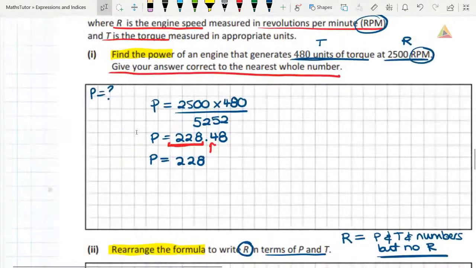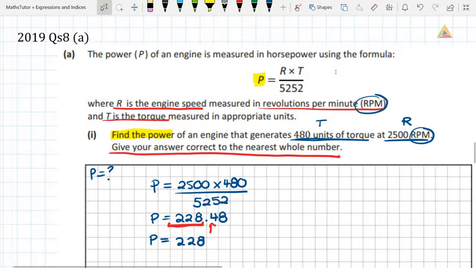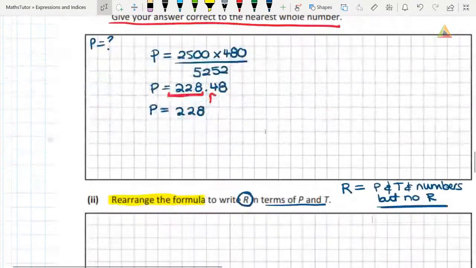So in this question, up here at the top, it said P is equal to r times T divided by 5252. Sorry, screen not moving again.